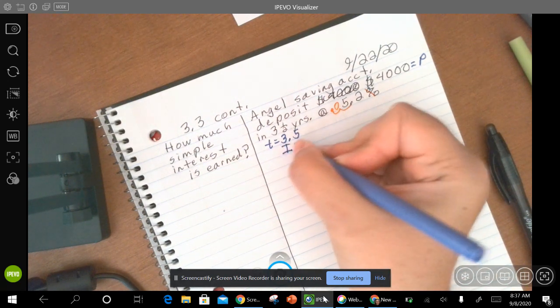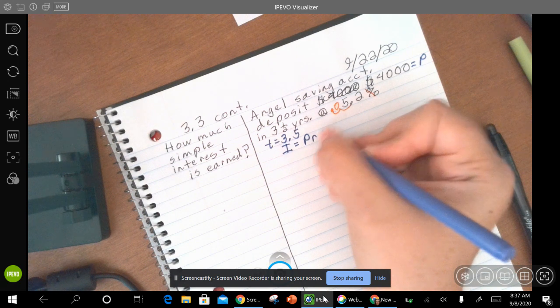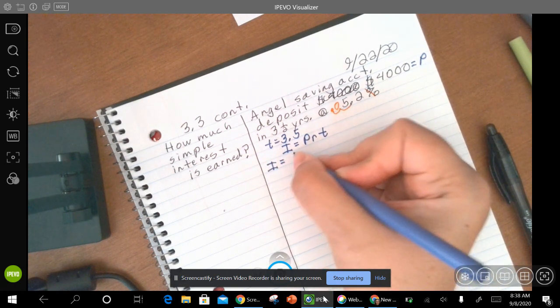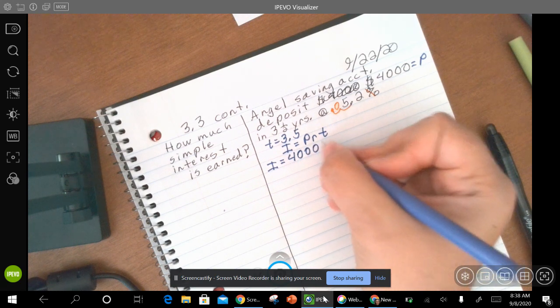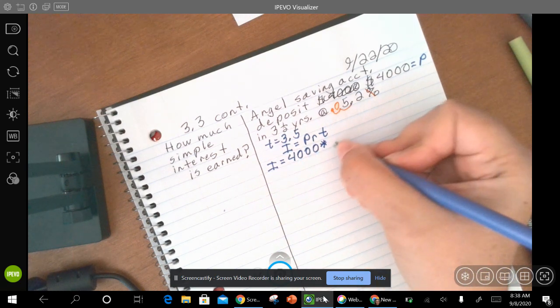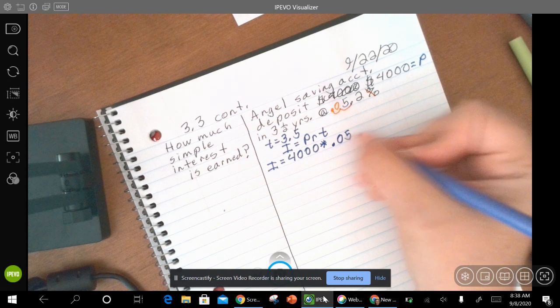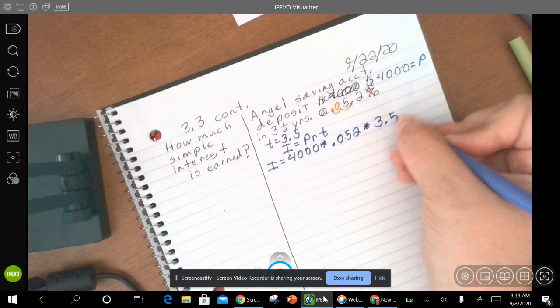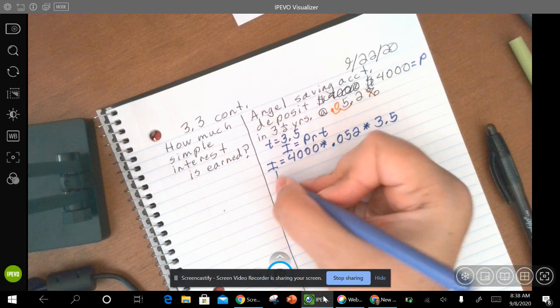So we're going to substitute it in. So interest is going to be equal to 4,000 times 0.052 times our time of 3.5 years. We multiply it all together.